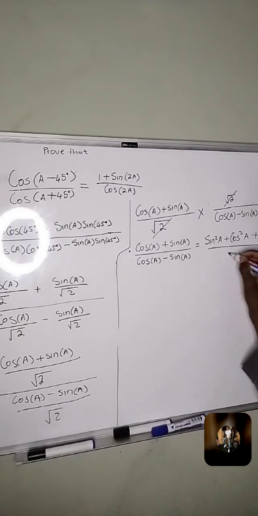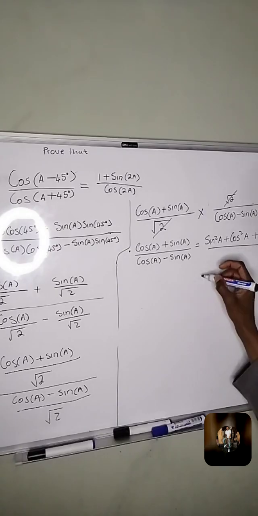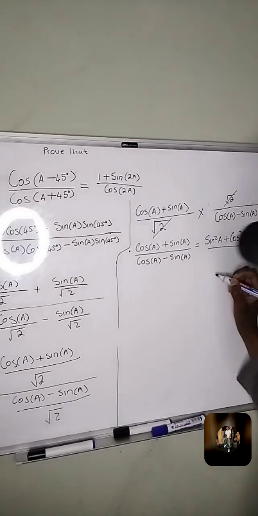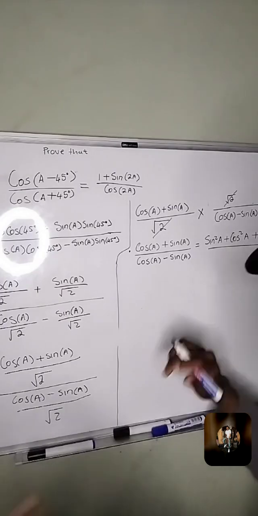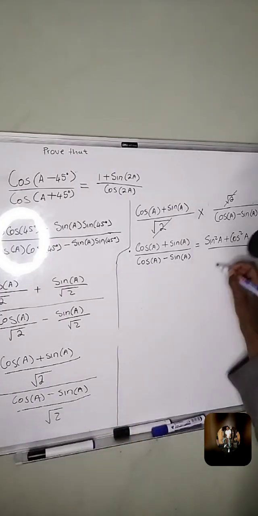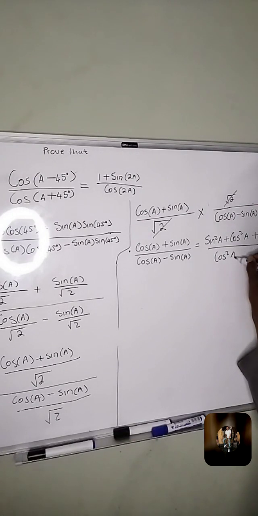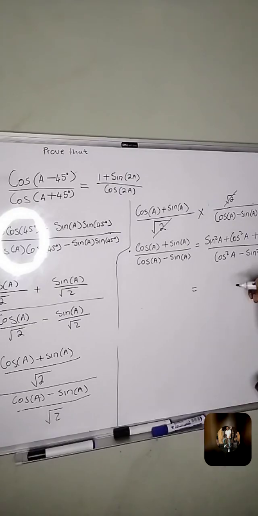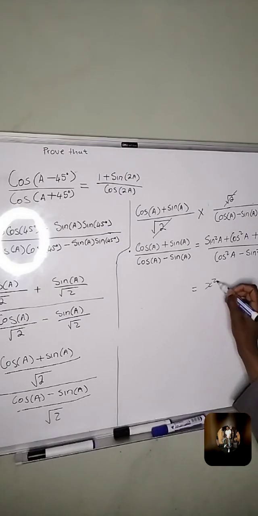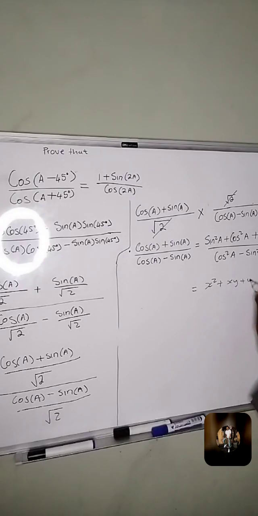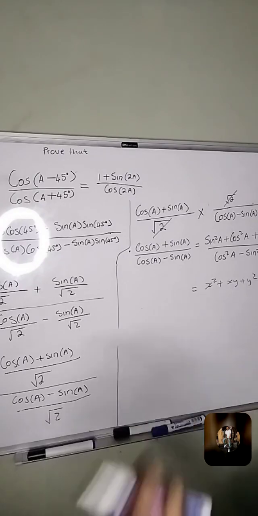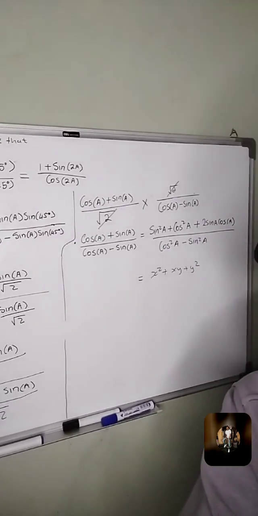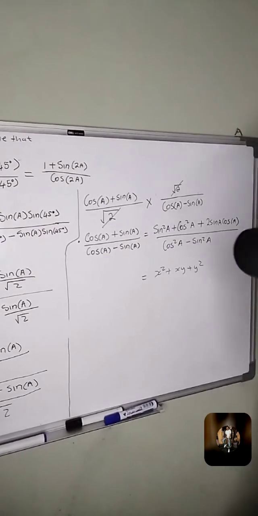Now in our denominator, you will have cos squared A minus sine squared A, the difference of two squares. The numerator is more or less like x squared plus xy plus y squared, and the factors will be x plus y in the other bracket.